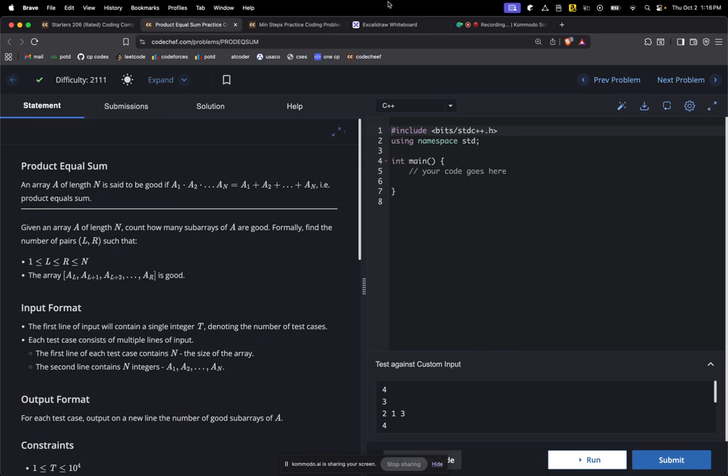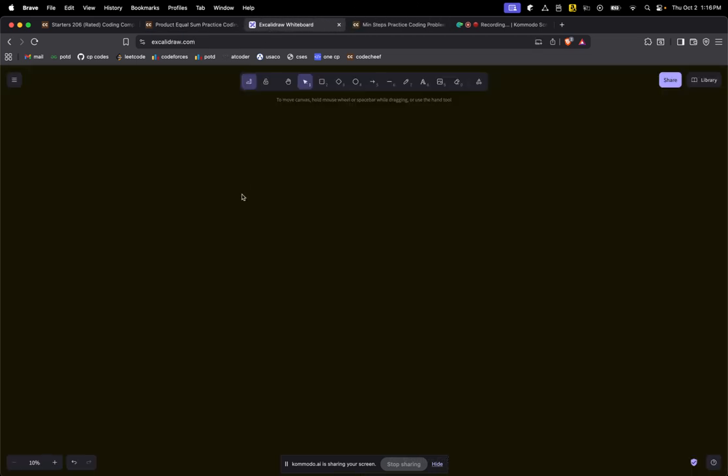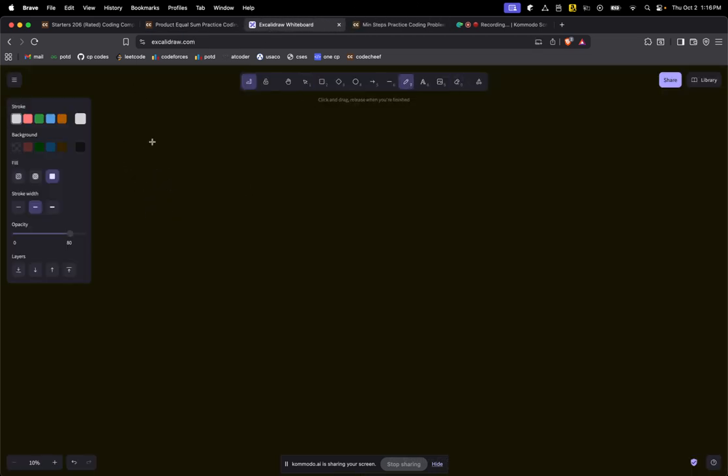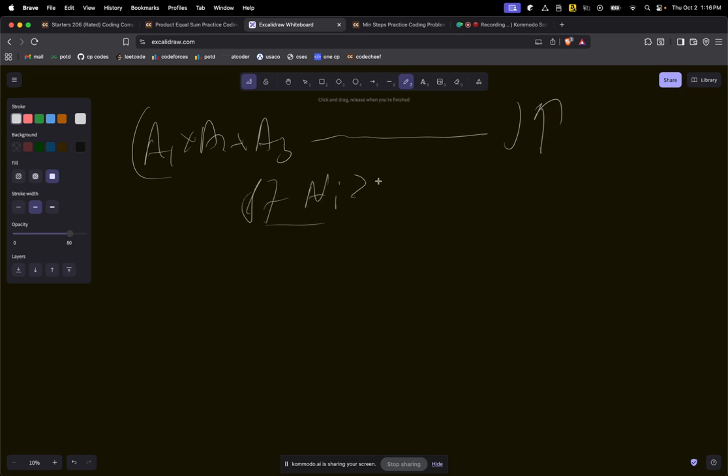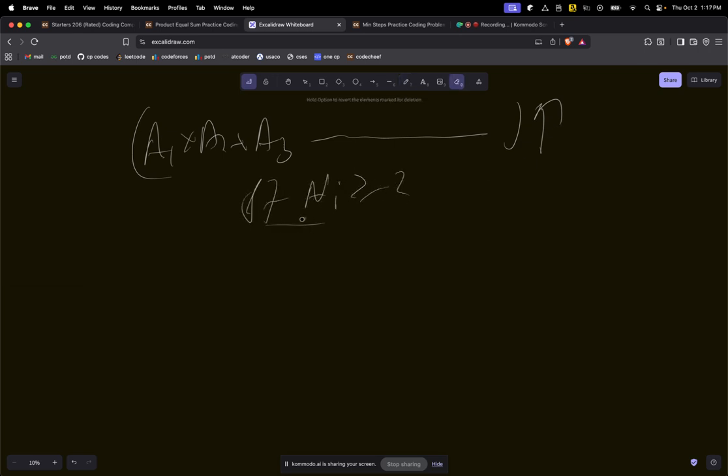Whenever you see a product, you have to notice the pattern that if I'm doing a product here, a1 into a2 into a3, this product actually grows very large if a_i is greater than or equal to 2.